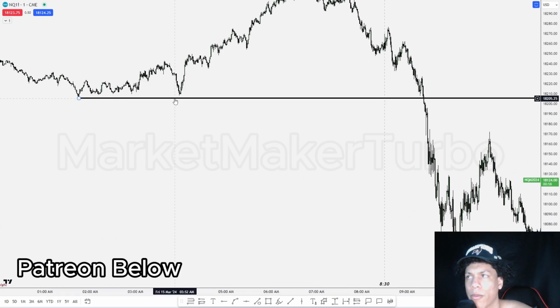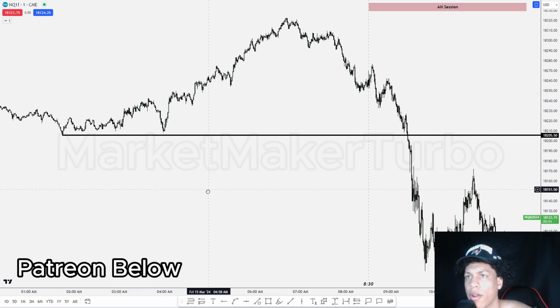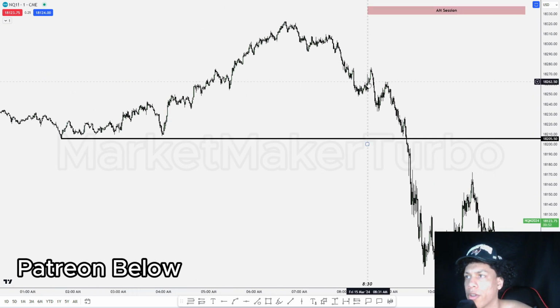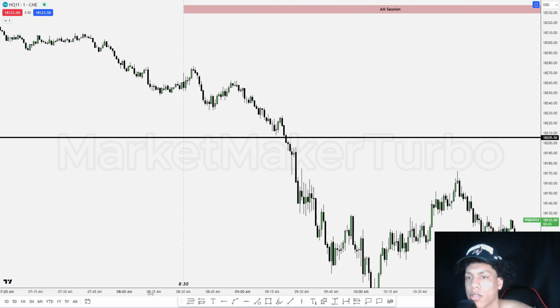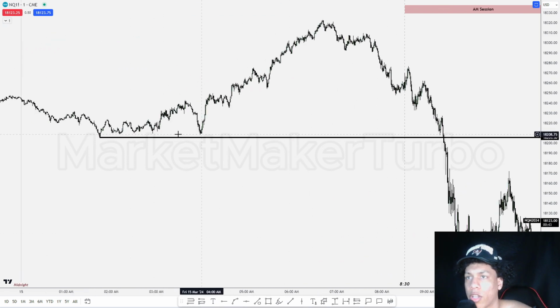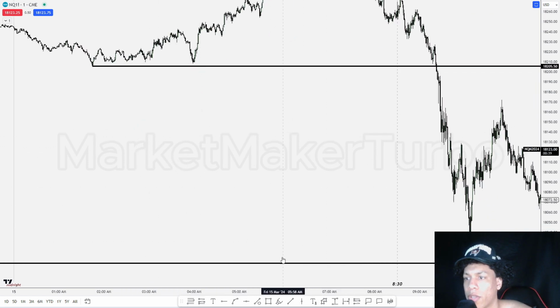Liquidity pool down here. So this would be low-hanging fruit right there. 8:30 news would be right here. So the reason why I would take the opens and not focus on the macros sometimes is because if we have a clear pool here, which is a low-hanging fruit, and then we have an objective down here, which is a higher time frame fair value gap.